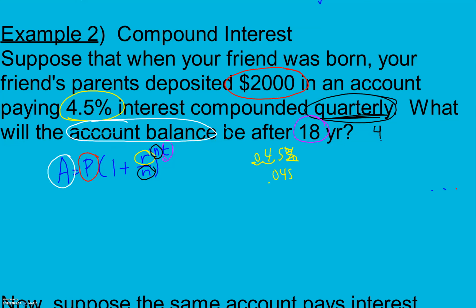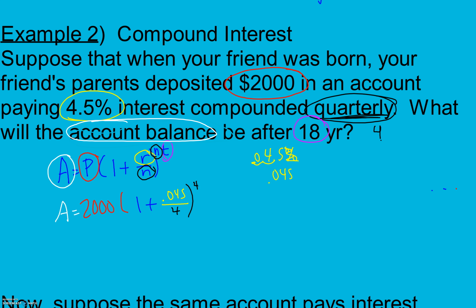So when I read my equation, I have A equals P, 2000. My 1 doesn't change, nor does my plus. My rate is the 0.045 divided by N, my number of times per year, which here we said was quarterly, 4.